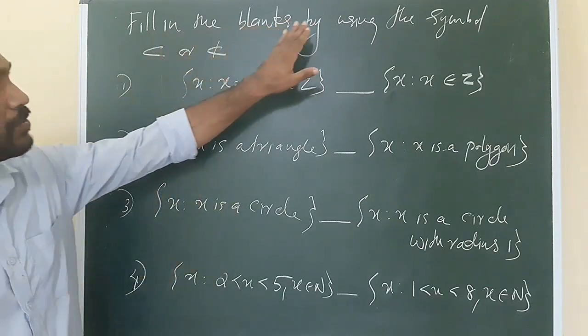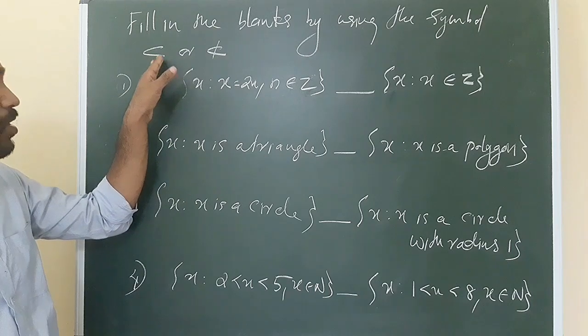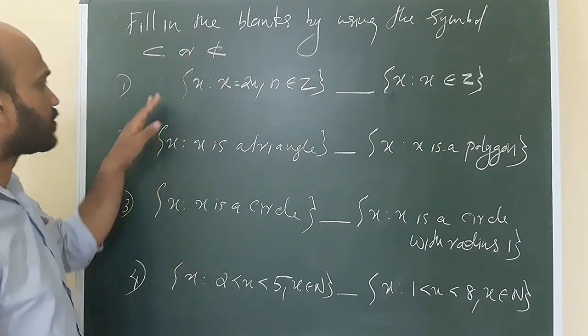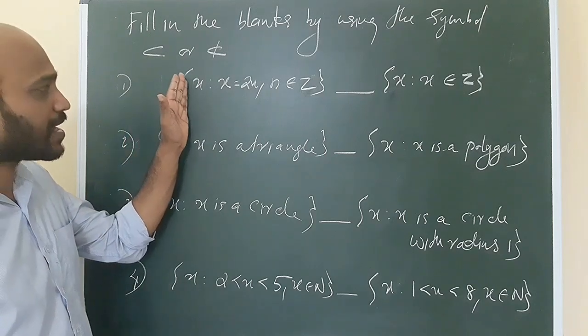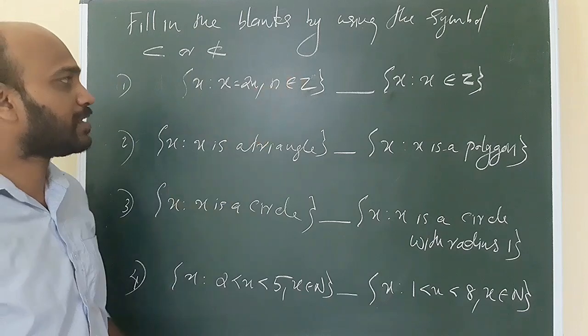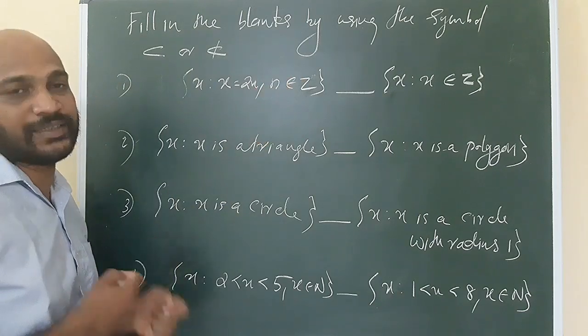Fill in the blanks by using the symbol subset or not a subset. This one is not a subset. First question: the set of all x equal to 2n, where n belongs to Z. That means all even integers.